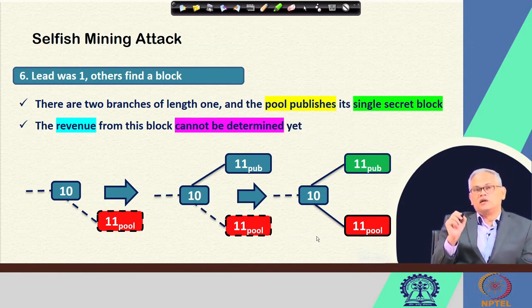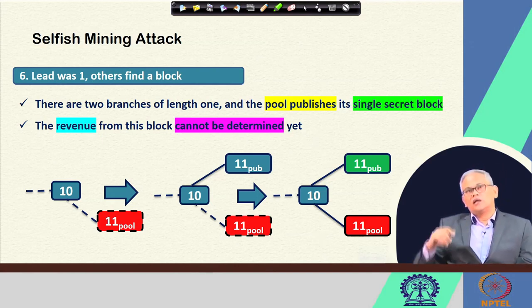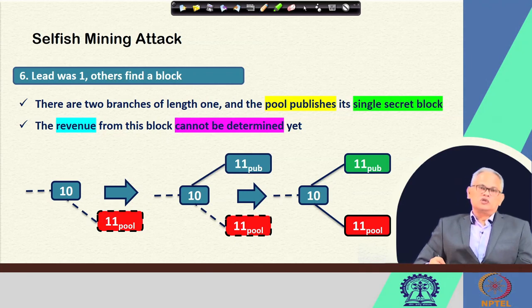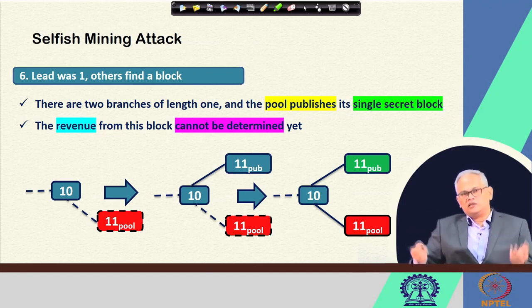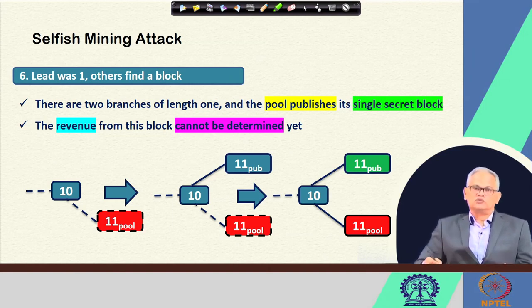Also remember that even in this situation, others will try to add blocks after 11 pub or after 11 pool, because they will be selecting these based on how many of these came as blocks from their peers, for each of the nodes which are trying to mine, which we discussed previously during our basic elements of blockchain.